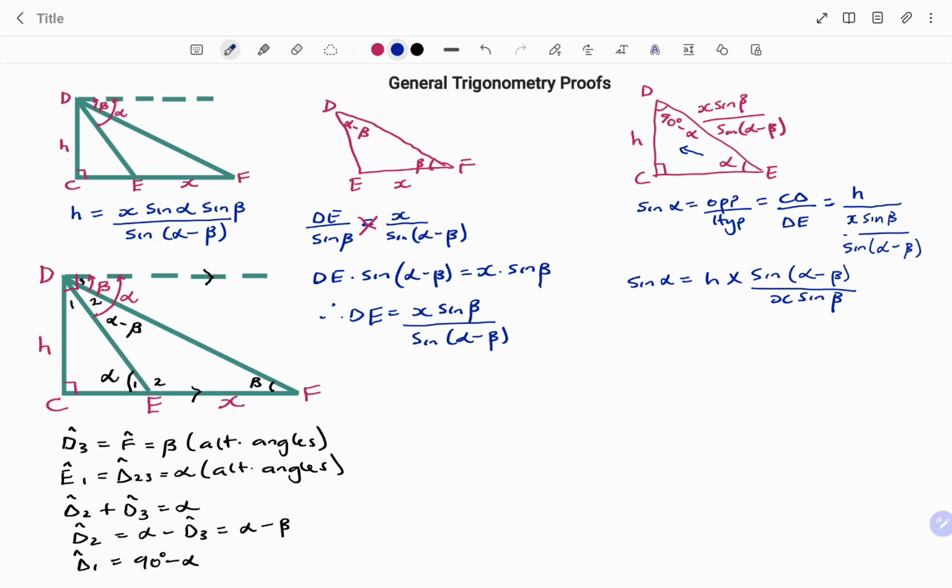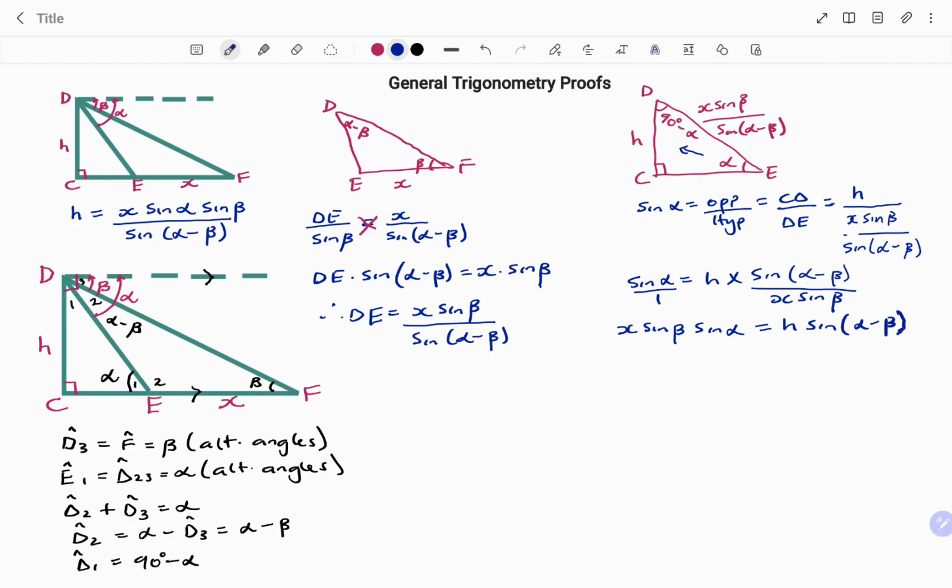From here, if we cross multiply, we have x sine beta multiplying sine alpha. Remember, sine alpha here is over 1, so cross multiplying, we have that equals 2h sine alpha minus beta.